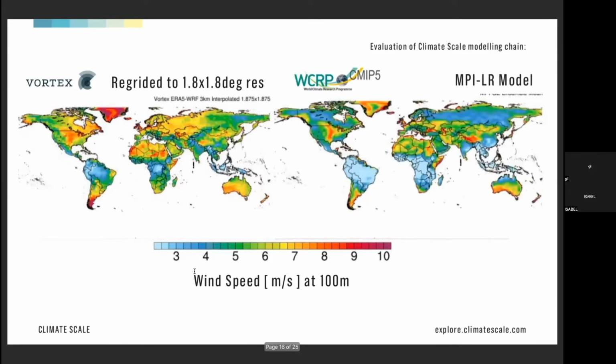And this is how one example of one model looks in terms of wind. I chose this one because it is going to be used later on in another presentation. So I'm not going to go into all the details, like the bias, etc. I just wanted to show you that on a first level, we are on track to describe the climate.